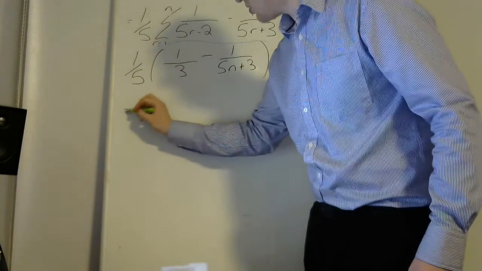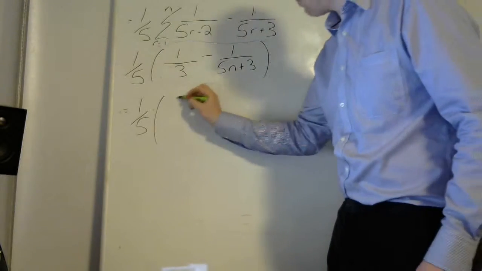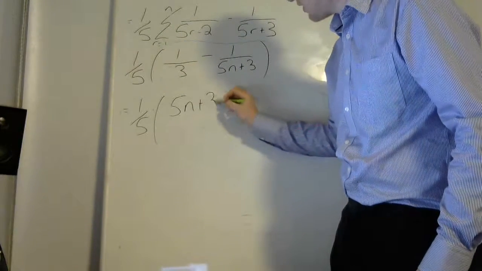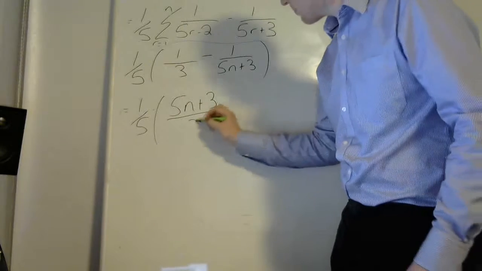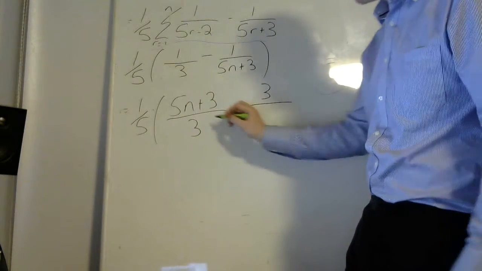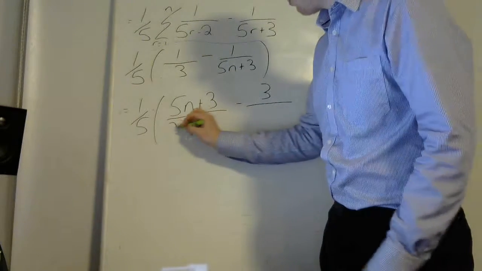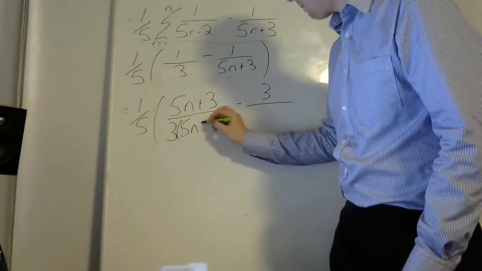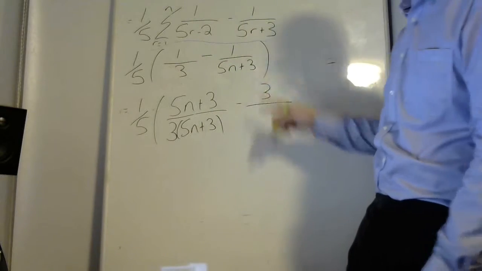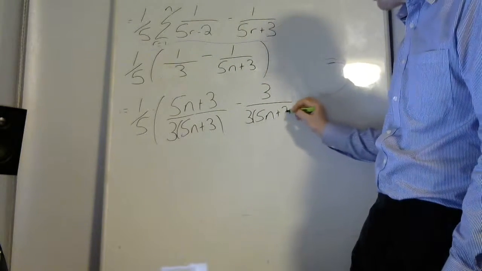So this equals the important 1/5, don't forget that. So that'll be 5n plus 3 divided by 3 lots of 5n plus 3, minus 3 over 3 lots of 5n plus 3.